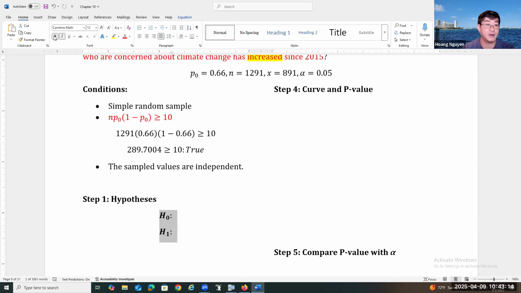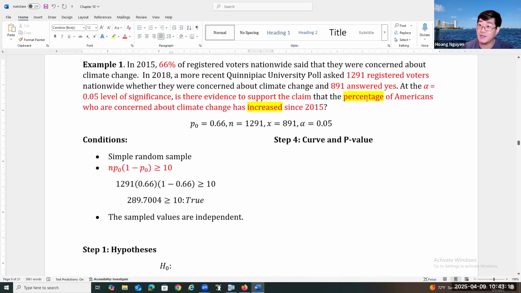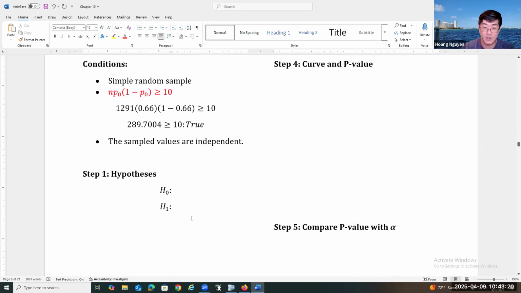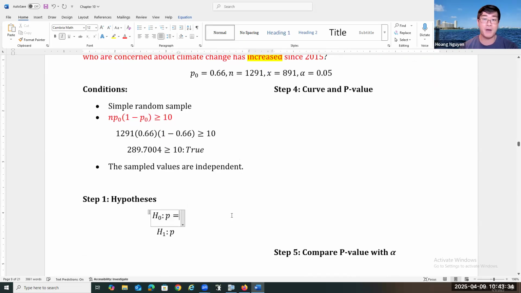Make sure that you select the correct parameter. Is it percentage or proportion? The parameter that we use for the hypothesis is proportion. The null hypothesis is always equal. For the alternative hypothesis, you might select some inequality. So what's the value for your hypothesis test?